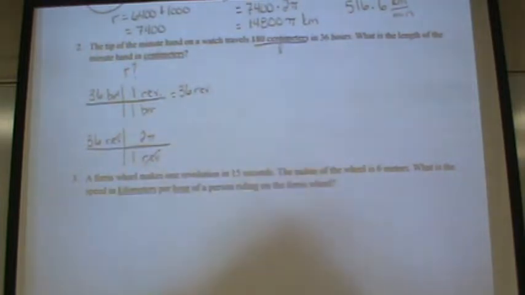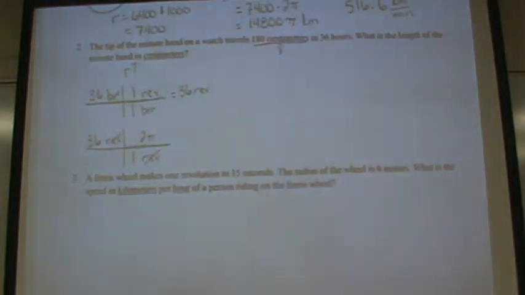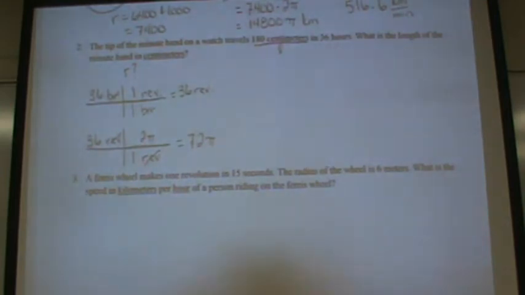But we want to get that into radians. So 1 revolution again is 2 pi. So our revolutions cancel out, and now we're in radians. So you're going to get 72 pi is the angle that we've traveled, or the rotation around the watch.